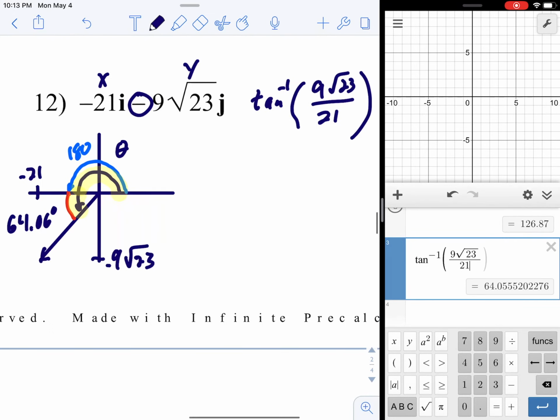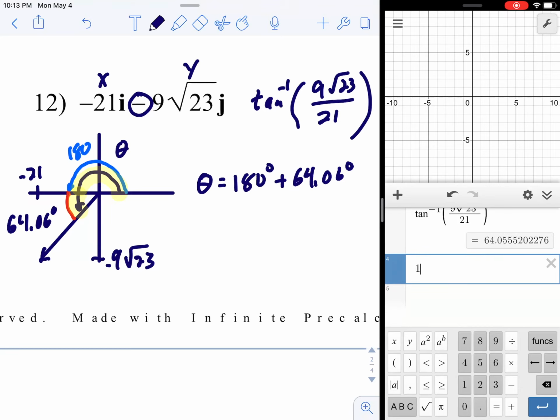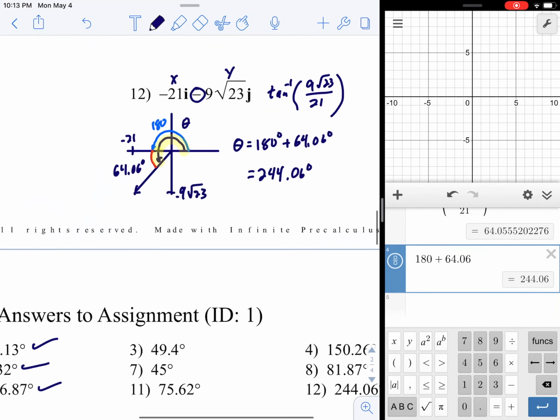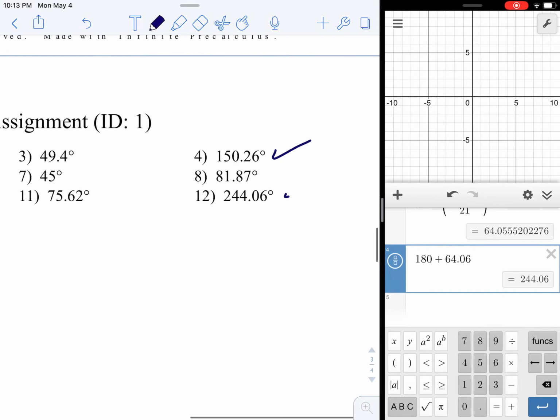So my theta, my vector angle, is going to be 180 degrees plus 64.06 degrees. So 180 plus 64.06 gives me a measurement of 244.06 degrees, number 12, and there it is.